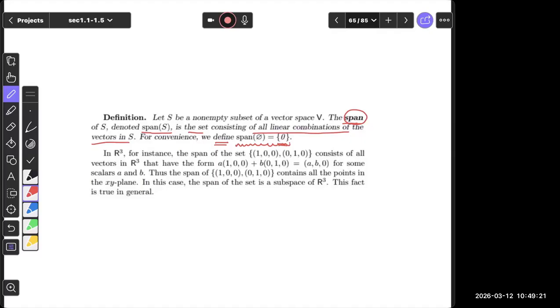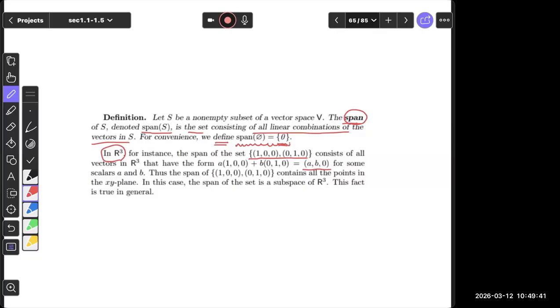And in R3 space, you can easily check that the span of (1,0,0) and (0,1,0) represents all the vectors on the xy plane.